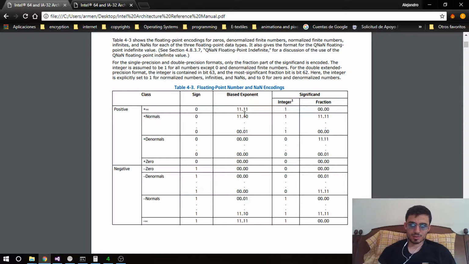The exponent is going to be all 1s, for a positive, and for a negative it's going to be all 1s, the same. And for the 0, the exponent is going to be 0, okay, that makes sense.